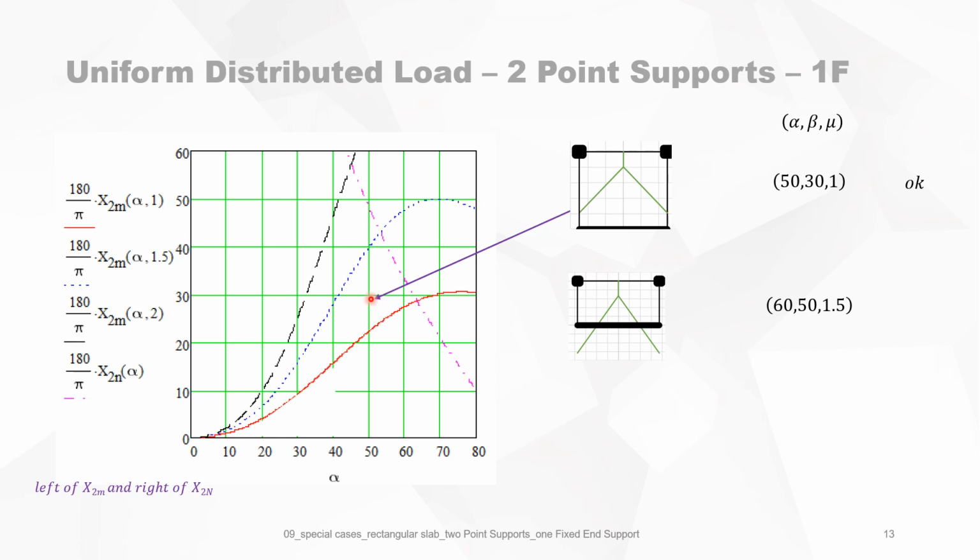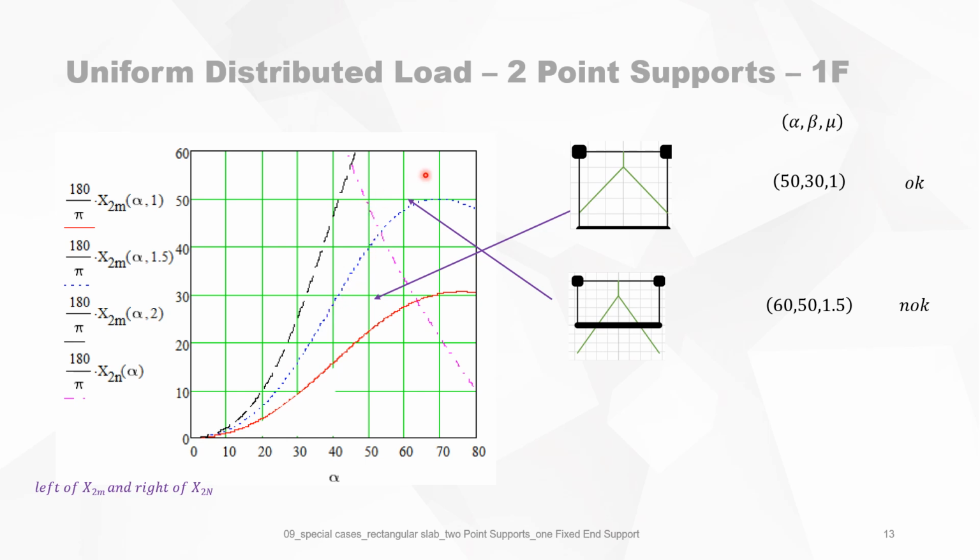You can take a second example. For instance, for the blue curve, we have alpha of 60, and beta is 50 degrees. So we end up here on top. We see that we are first on the left-hand side of the blue curve, so that's fine.